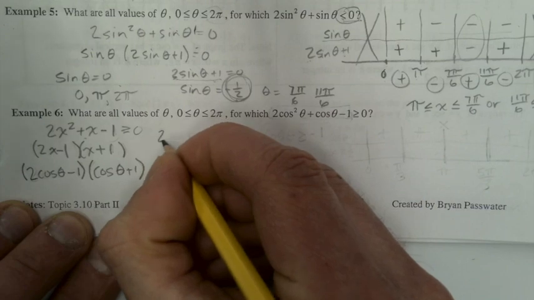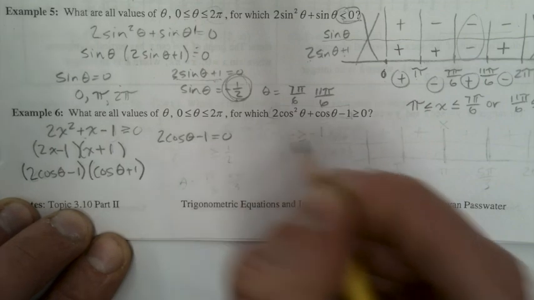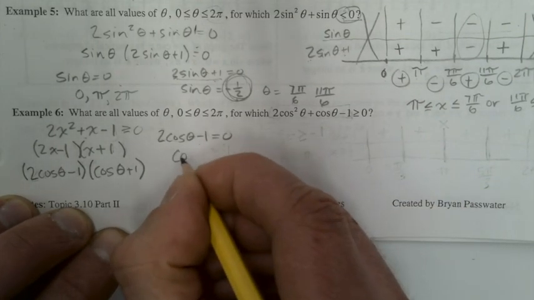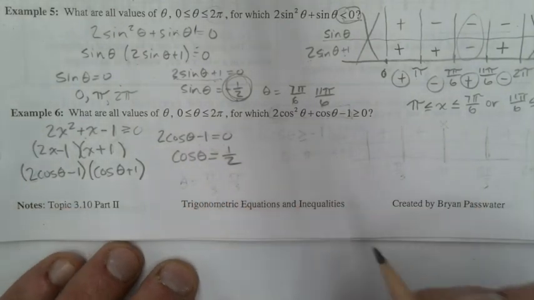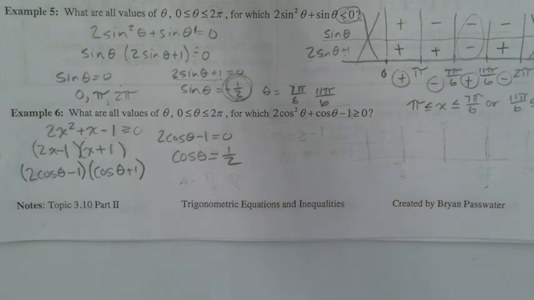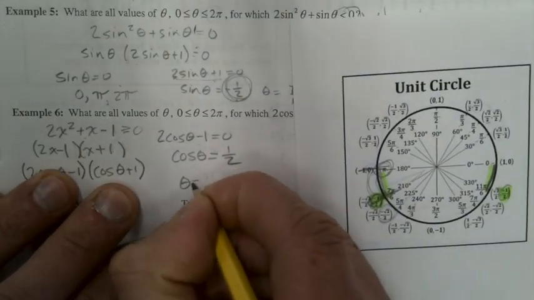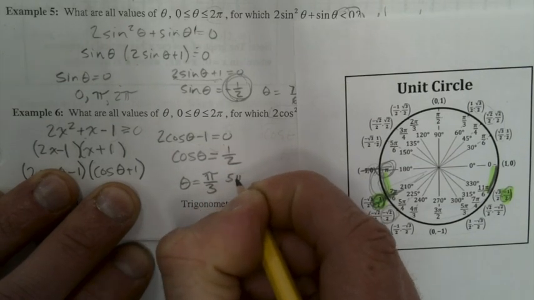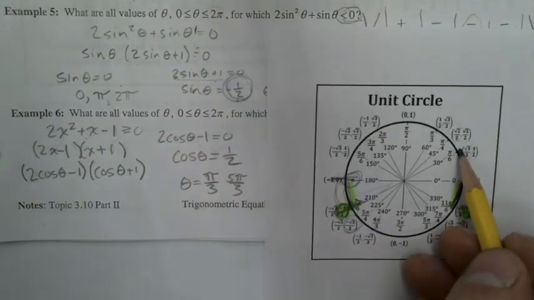Now that I've got that, I'm going to take each of these and start by just setting it equal to 0. When I solve this, add a 1, then divide by 2, and I'll have cosine of theta equal to 1/2. If you look at your unit circles, you'll find that those values happen at pi over 3 and 5 pi over 3 because I'm looking at the x values.